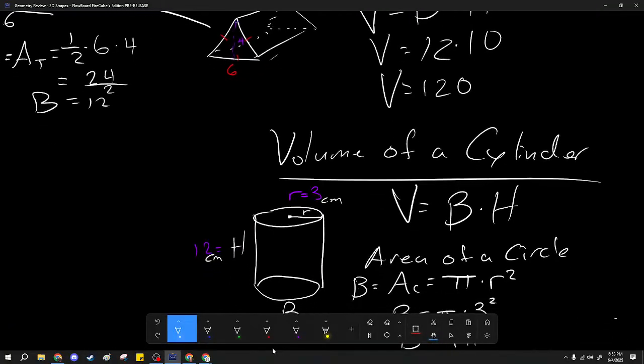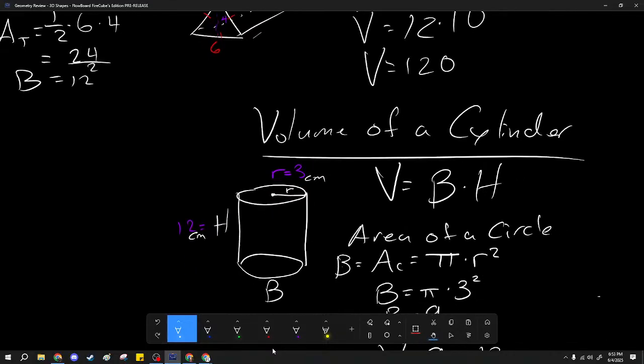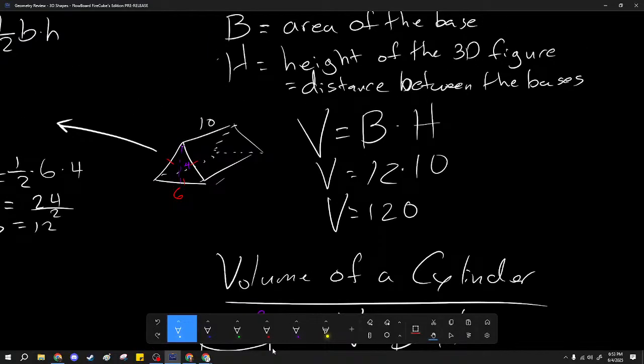In this case, it's the distance between our two circles. No matter what orientation your figure is in, so this is standing up, this is laying down, this one's laying down, this one's standing up, how you want to think of the capital H height is the distance between the bases. That'll make it so you never mess up what is considered the height.